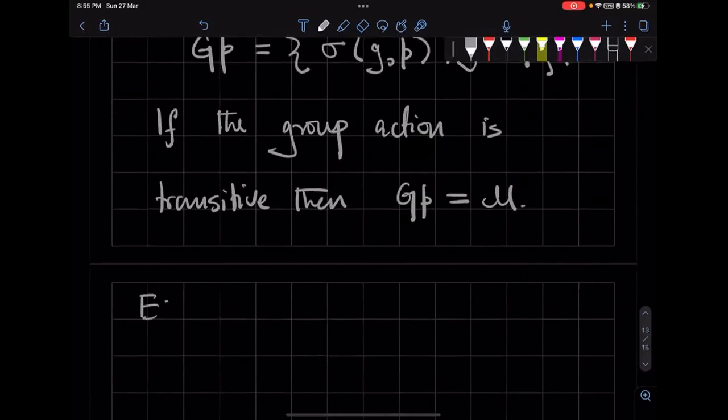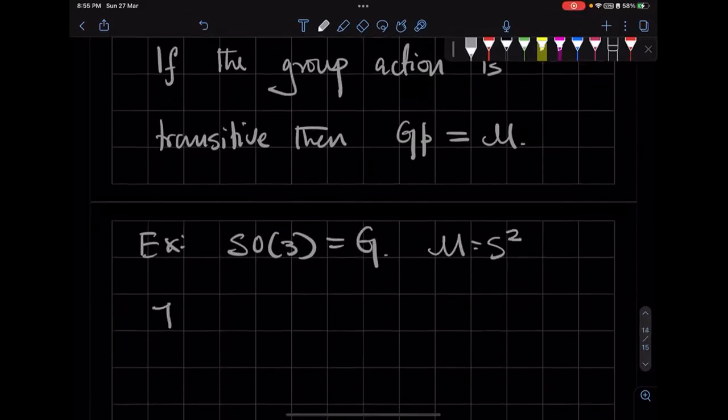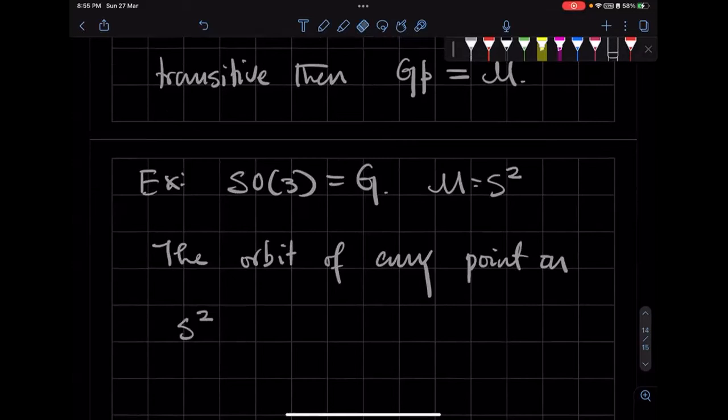So an example of an orbit is that, if I take SO3 to be some group, and the manifold is S2, then the orbit of any point on S2 is S2 itself, right? Is this clear what I'm saying now?